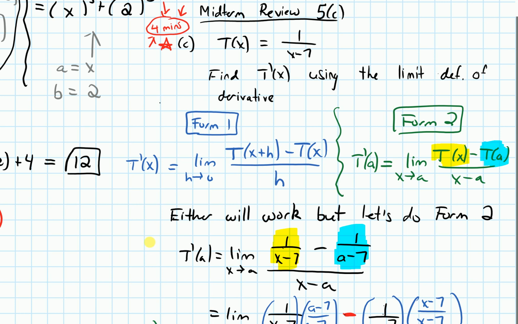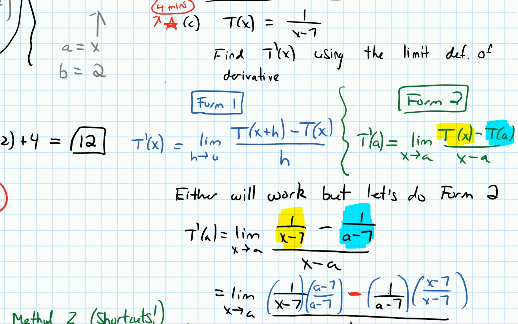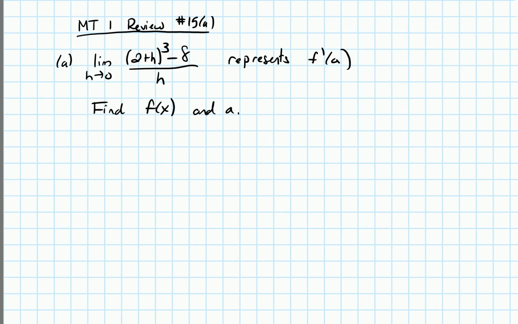All right, so let's do another example, but a more conceptual one. This is problem 15a from, whoops, I should just say midterm review. Okay, so we have this limit as h approaches 0 of (2 plus h) cubed minus 8. And this limit represents f prime of a.